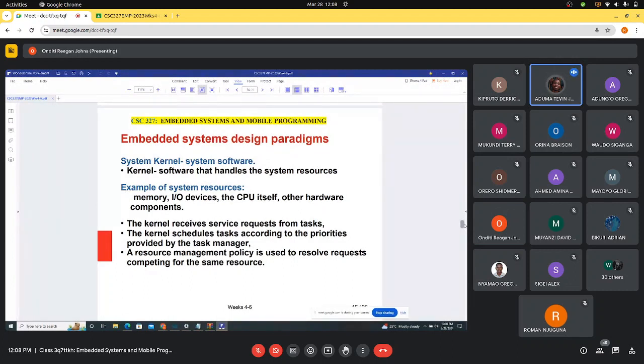I think it sits between the hardware and the operating system. Okay, yes, and it's an interface between them. In most cases, the kernel comes in with the operating system, because it's the operating system that is able to tell the hardware what to do.